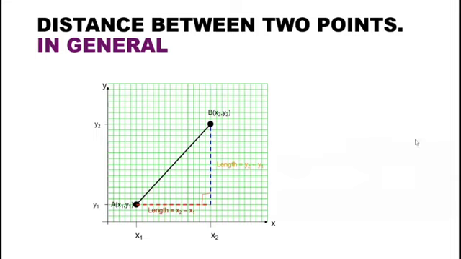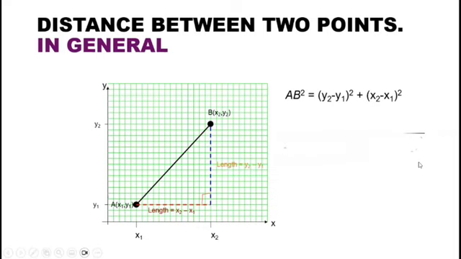This implies that AB squared is equal to (x2 minus x1) all squared plus (y2 minus y1) all squared. Addition is commutative. So if you decide to state the y2 minus y1 squared first before the x2 minus x1 squared, you are still correct.